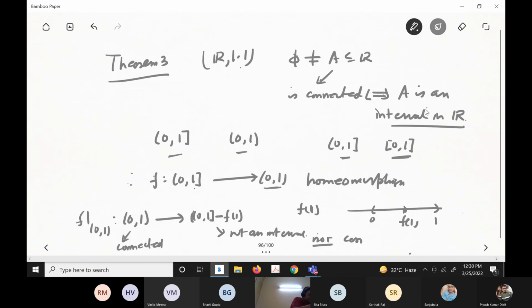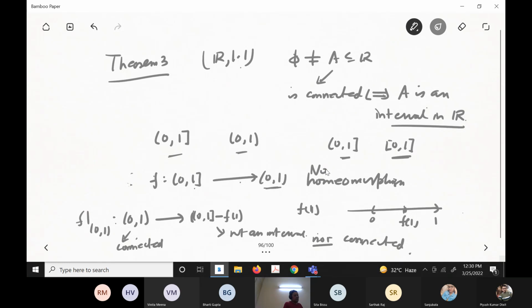I am using this result in both ways, not connected. So that means here you are getting connected and not connected. But connected is a topological property, so you are not getting a homeomorphism. If you had a homeomorphism, you would be supposed to get a homeomorphism here, but you can't. So there is no homeomorphism.